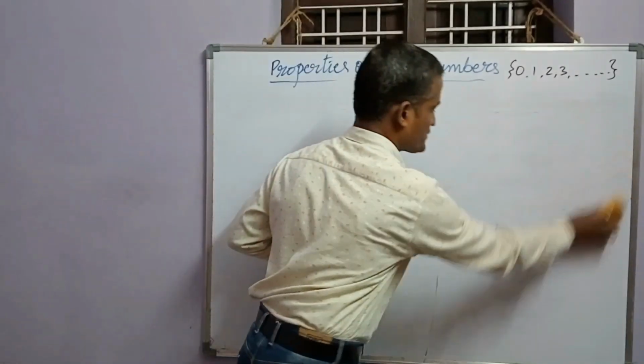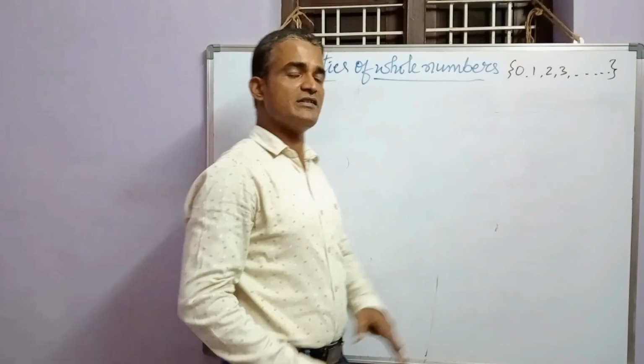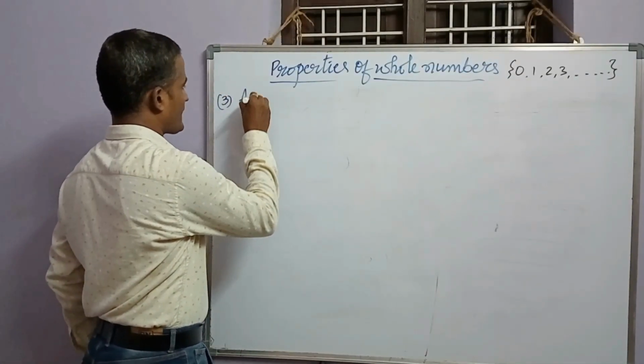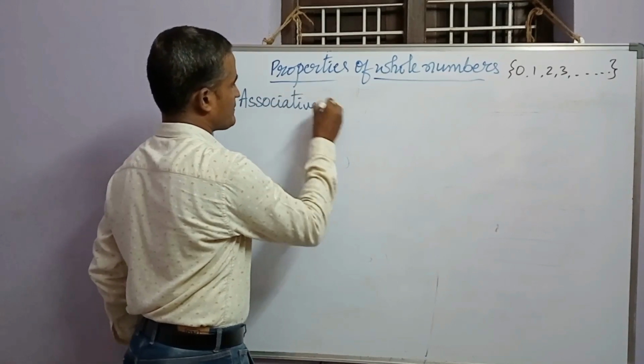The commutative property and the associative property are similar, but in the commutative property we take only two numbers, whereas in the associative property we take three numbers.